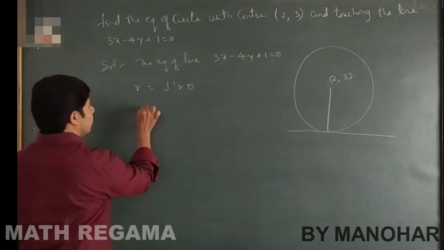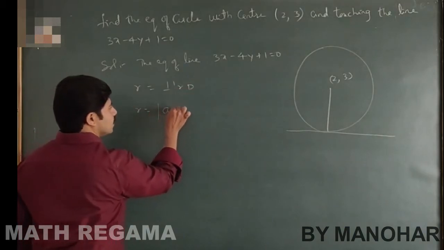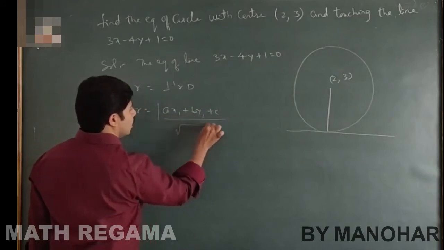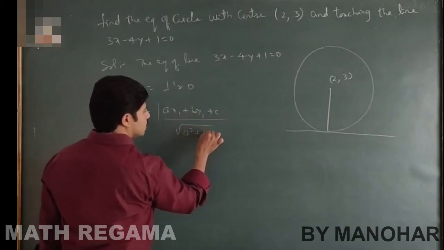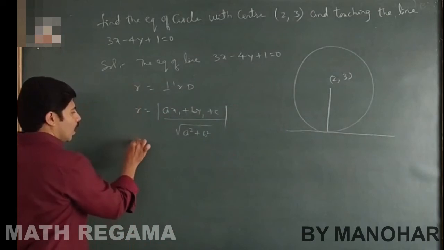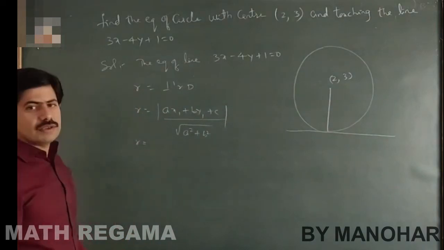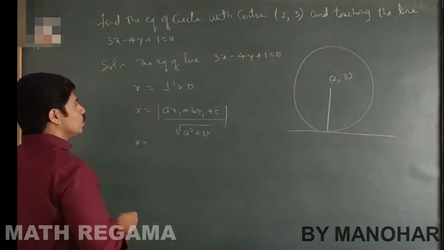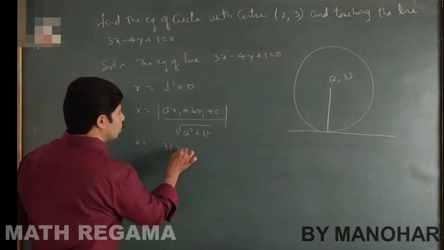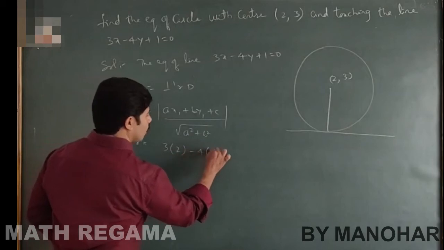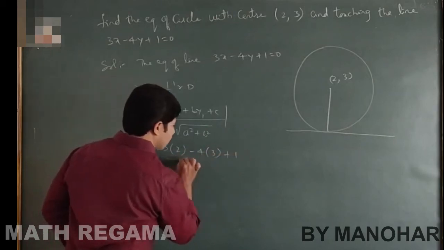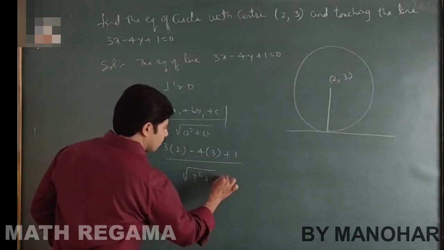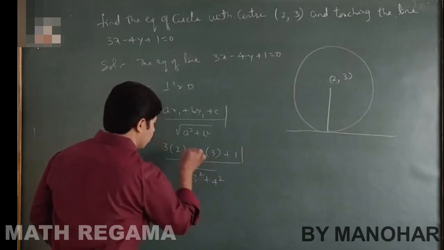So radius is equal to perpendicular distance, which is (ax1 plus by1 plus c) by under root of a square plus b square. So r is equal to, with the values a, b, c taken from the line and (x1, y1) as the center, 3 into 2 minus 4 into 3 plus 1 by under root of 3 square plus 4 square, in mod.